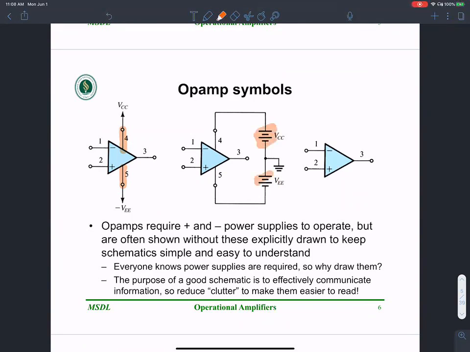The circuit here does not show power supplies, but that doesn't mean they don't need power supplies. It's understood that there are some power supplies. However, we need VCC and negative VEE for this op-amp to amplify a signal.